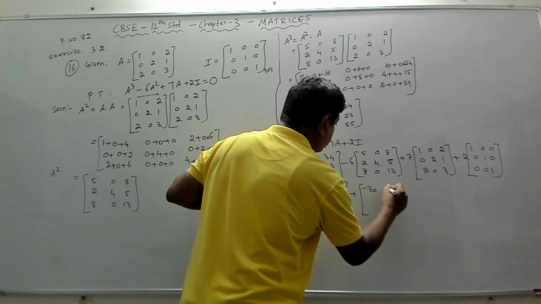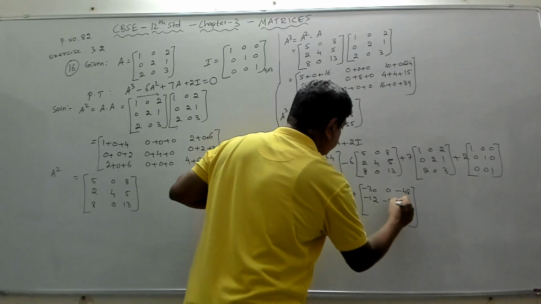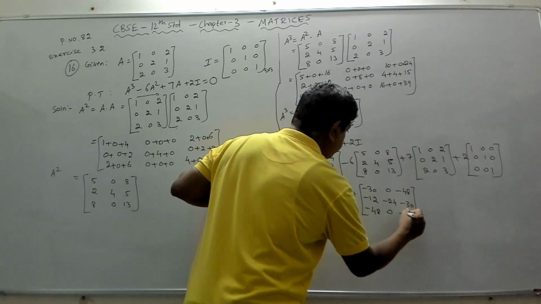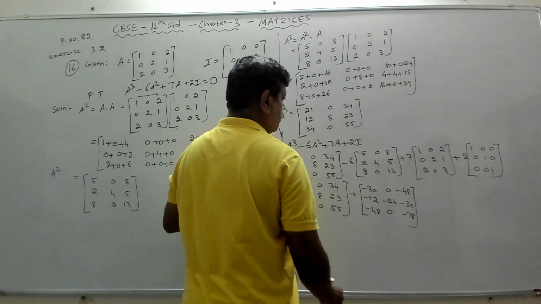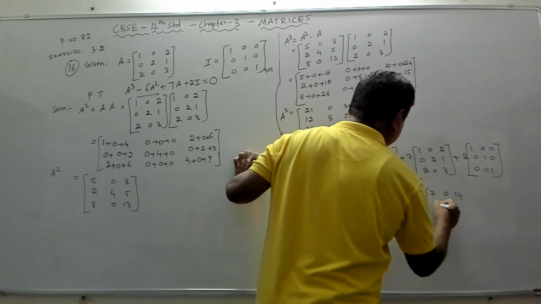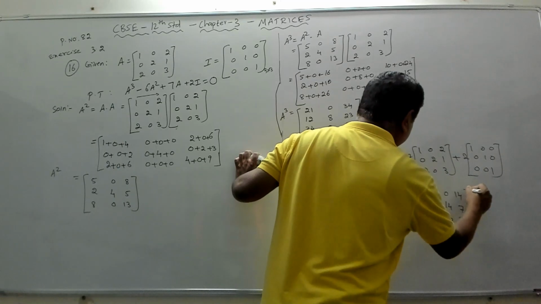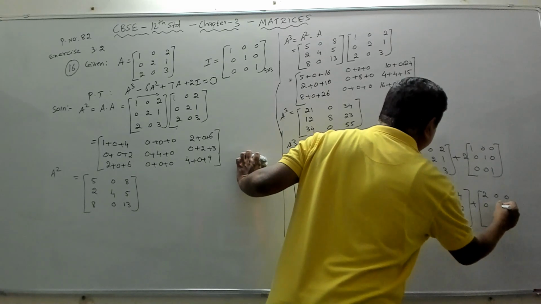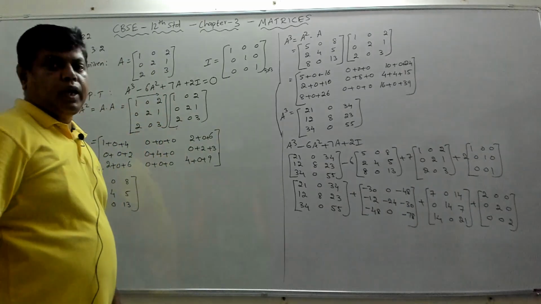It will become minus 30, 0, minus 48, minus 12, minus 24, minus 30, minus 48, 0, minus 78. Then plus, with the 7 you have to multiply: 7, 0, 14, 0, 14, 7, 14, 0, 21, plus 2, 0, 0, 0, 2, 0, 0, 0, 2, multiplying 2 with that.